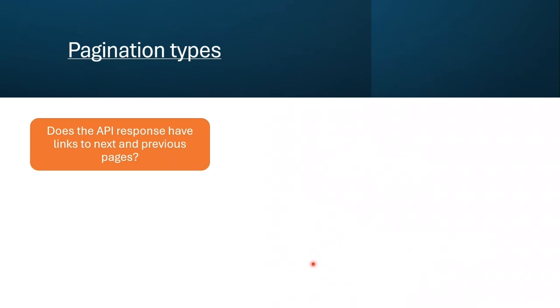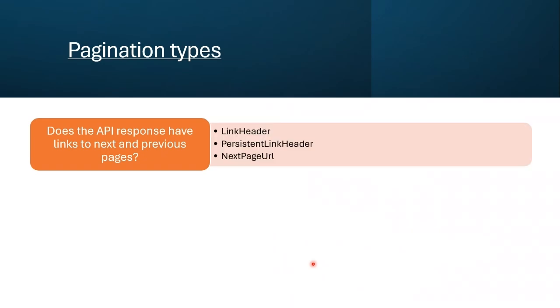If the API from that third party contains in the response a link to the next page, then we use one of these options. You'll see in the documentation when one is better than the other. They're slightly different, but in general, we use these 3 types when the API response has a link to the next or previous page.